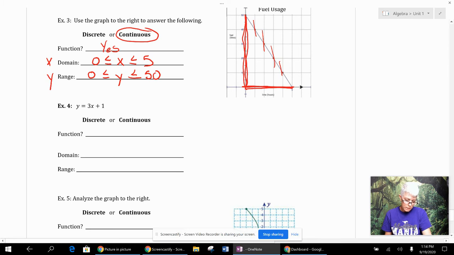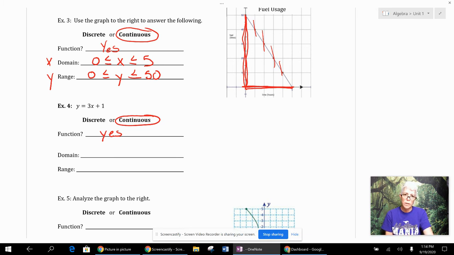Let's look at the next one. Discrete or continuous? It's continuous. Is it a function? Yes, because as x changes, y is going to change. And so we'd have to work this one out. On this one, it's going to be all real numbers, because whatever x is going to be, then y would be.